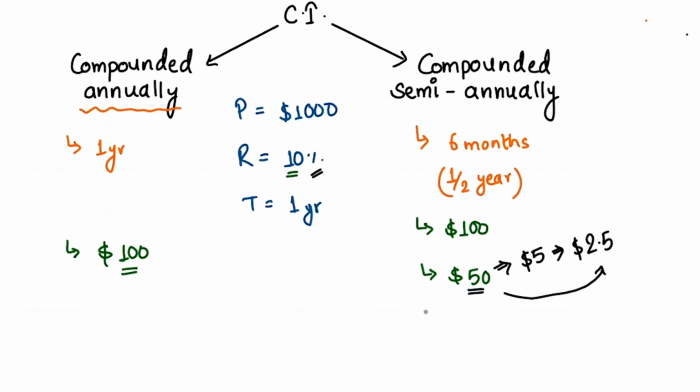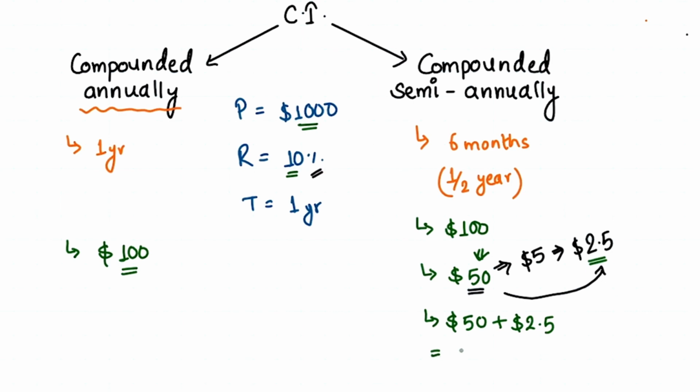So in this way, the bank is supposed to pay you $50 at the end of the next 6 months for your $1,000, which is in your bank. And the bank is also liable to pay you $2.5 interest on the $50 interest that you got at the end of 6 months. So at the end of the last 6 months, you are going to get $50 for your $1,000 and then an extra $2.5 for the $50 that you got at the end of your previous 6 months.